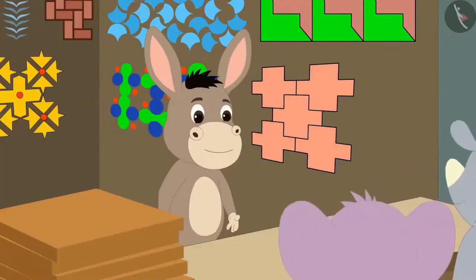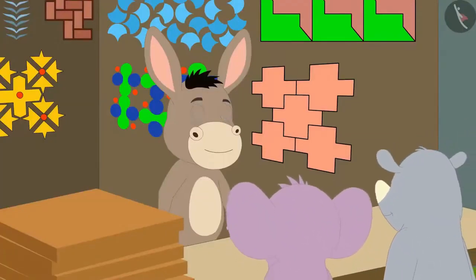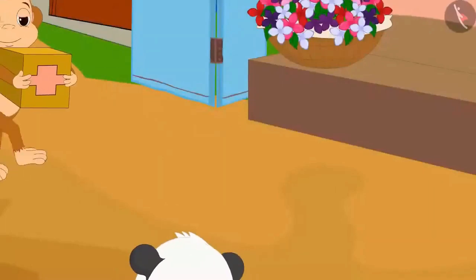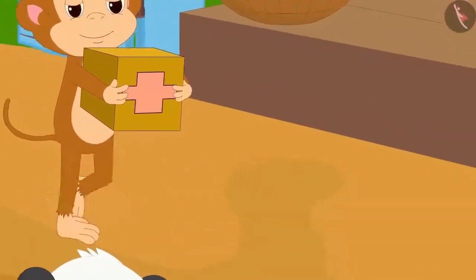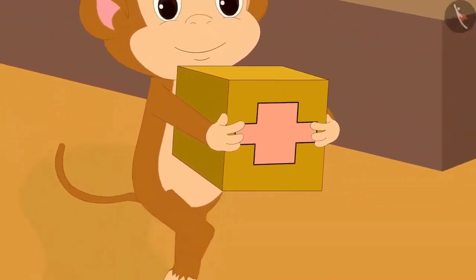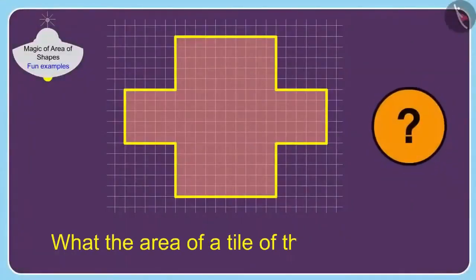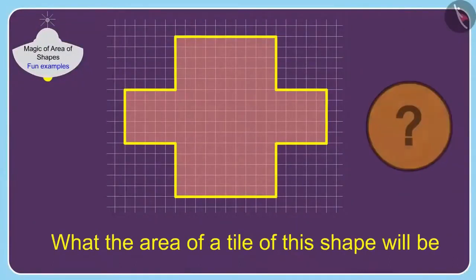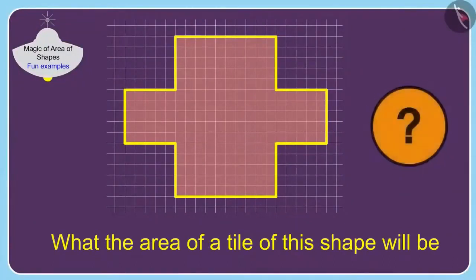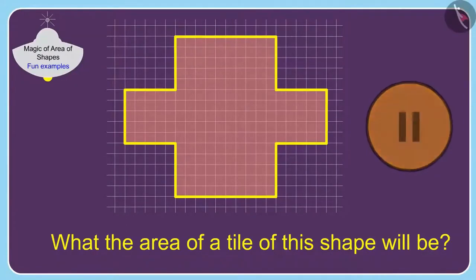Everyone is decorating their homes with these tiles. Babban bought tiles of this shape to decorate his house. Children, can you tell what the area of a tile of this shape will be? You can stop the video and calculate the answer.